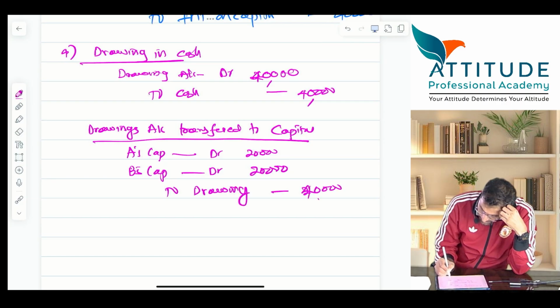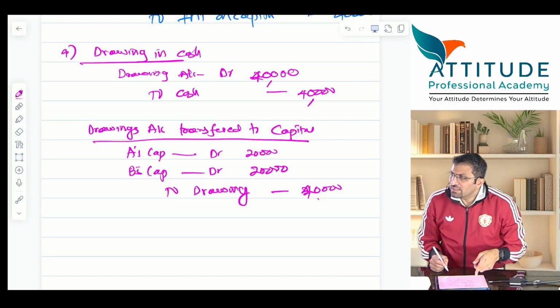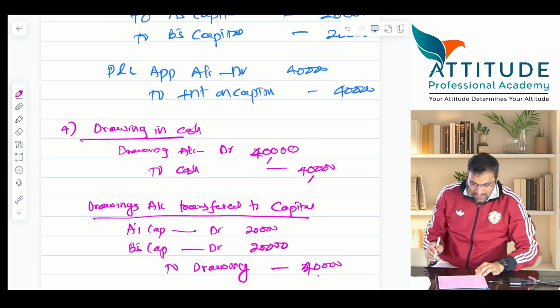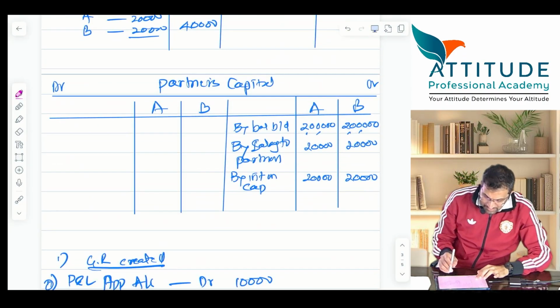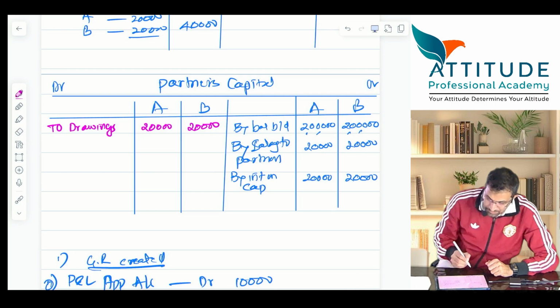Now where will it come? Go to partners capital, here it will come as drawings, 20,000 and 20,000.